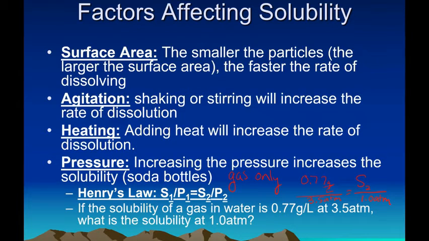So what you would do is you would do your 0.77 grams per liter divided by 3.5, and that's going to end up giving you 0.22 grams per liter. And that makes sense because what's happened is I've dropped the pressure, so less is going to be soluble in that situation.